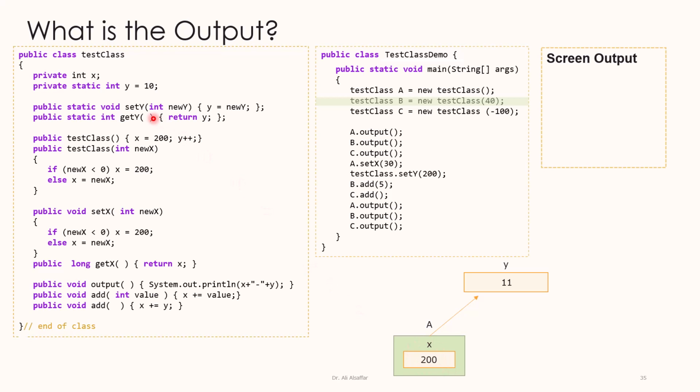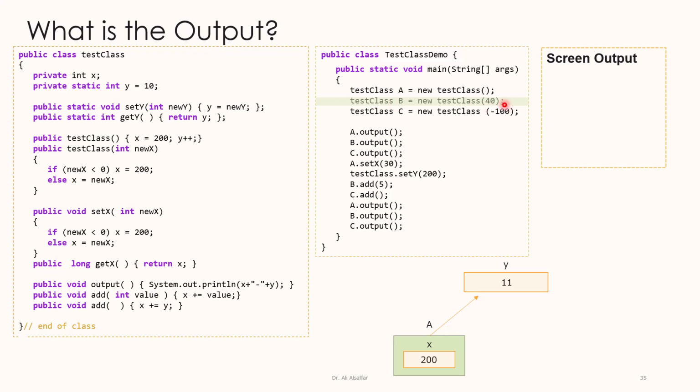And since we have x equal to 200, we label the variable x as 200. And since y is shared, we draw an arrow from the box of the object to the box for the static variable. And notice that the current value of the static variable has changed from 10 to 11. Why? Because we increased it inside the default constructor.